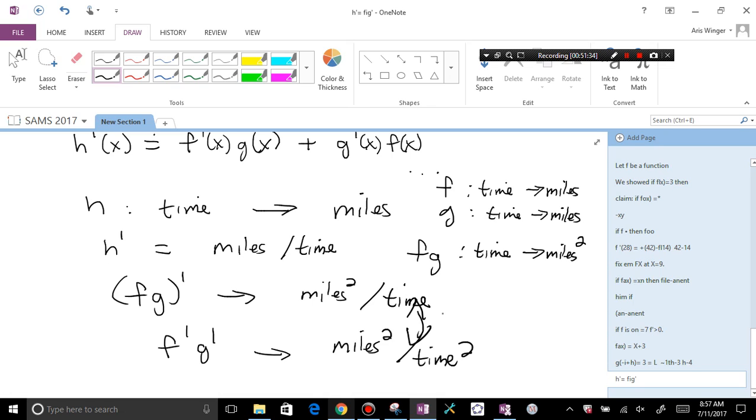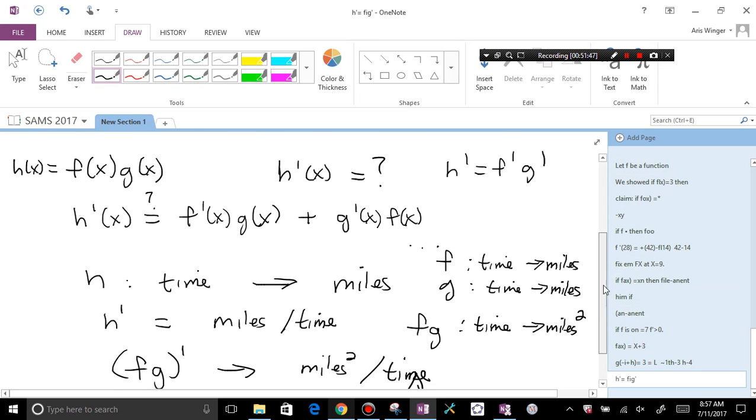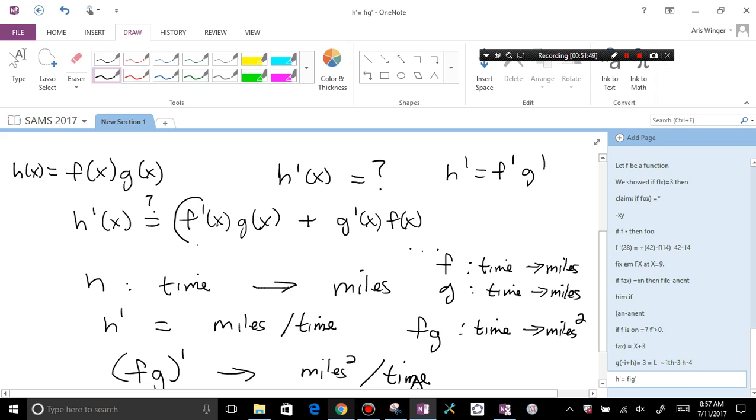There's no way that we should make those the same simply based on the units. Whatever the derivative of f times g is, it better be miles squared per time. And this just so happens to fit that. This is miles per time times miles, which is miles squared per time. And this is the same thing, and then you can add them.